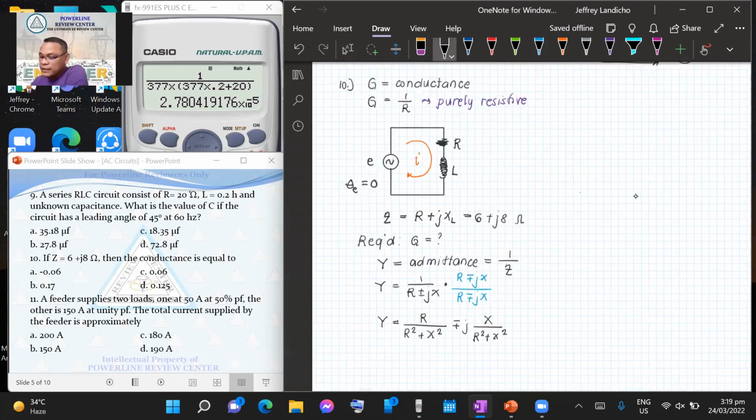So lumalabas, yung ating admittance, kaparehas ng impedance, meron siyang two components. Ano yung components ng admittance? That would be the conductance and the susceptance. So yun ang components ng admittance. So by comparison, lumalabas ang general formula for your conductance: it is the resistance over R squared plus X squared.